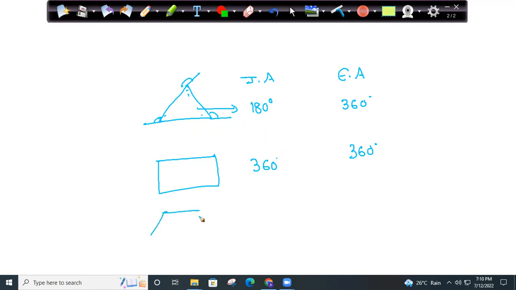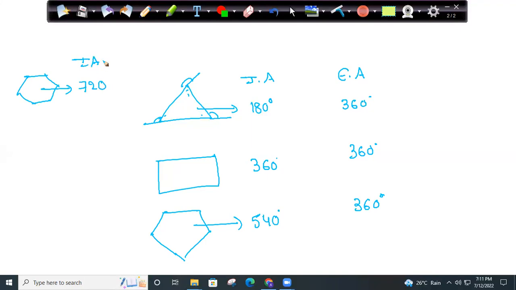If I have a pentagon, the sum of interior angles is 540 degrees. The sum of exterior angles is still 360 degrees. If I have a hexagon, the sum of interior angles is 720 degrees, and the sum of exterior angles is still 360 degrees.